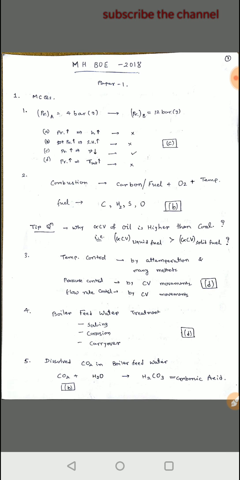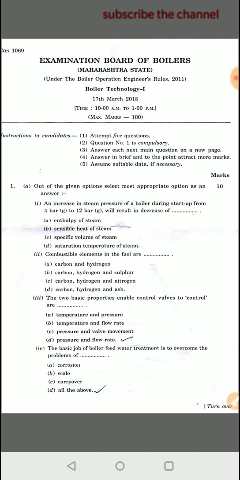We all know that temperature control by a control valve is done by attenuation and many methods. But here, by movement of the control valve, we can do pressure control, and flow rate control can also be done by control valve movements. So D will be the answer, pressure and flow rate.